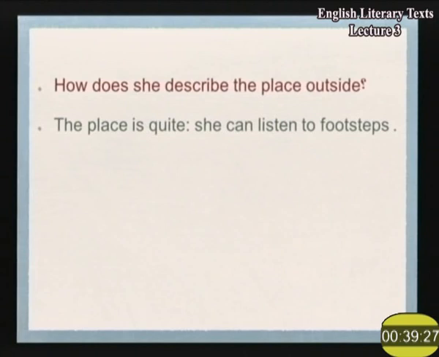Either people have not yet come from work, or it is a day off. She can listen to the footsteps. One of the sentences that we have read said that there was one man who passed on his way home, and she heard his footsteps clacking along the concrete pavement. If it wasn't a very quiet evening, she would not have heard all that.